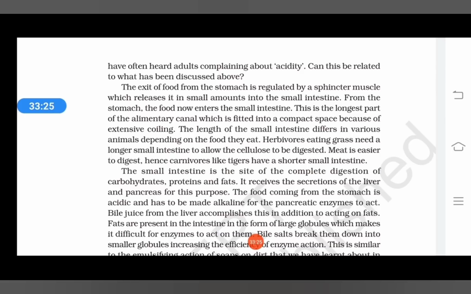Meat is easier to digest, hence carnivores like tigers have a shorter one. So simply, herbivores have the longer small intestine and the carnivores have the shorter small intestine.